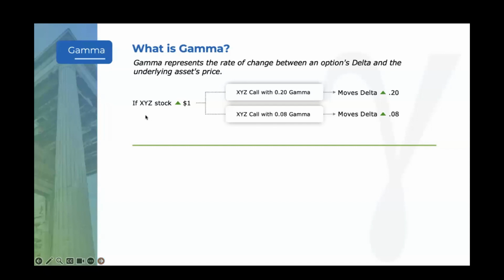So if the stock moves up by $1 and an XYZ call has a 0.2 gamma, that means it's going to make delta increase by 0.2. An XYZ call with a 0.08 gamma means it's going to move delta by 0.08.